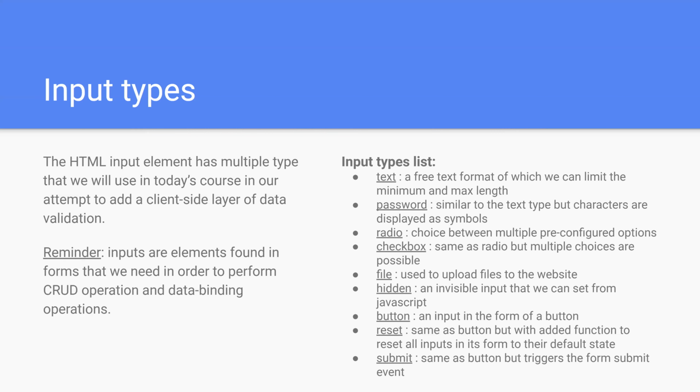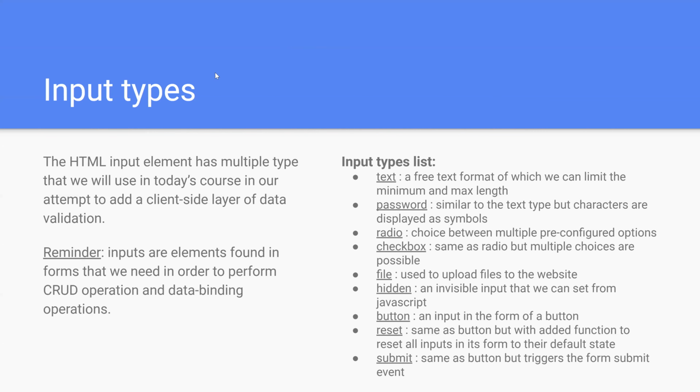And we'll be requiring this as part of our CRUD operations, especially when it's time to create something new and send it to our server and add it to a database. So we've already seen the text type of input, which will be a free text format.